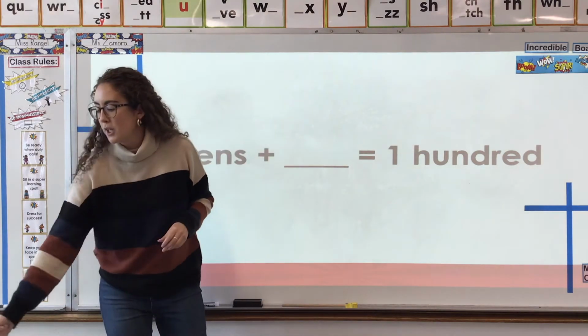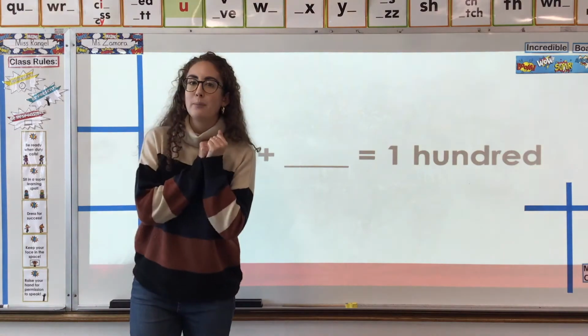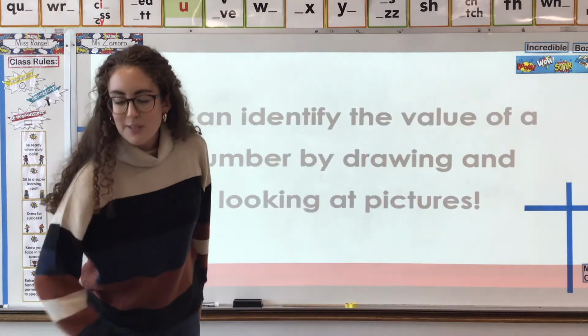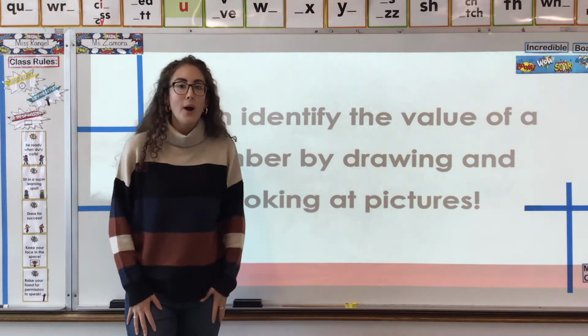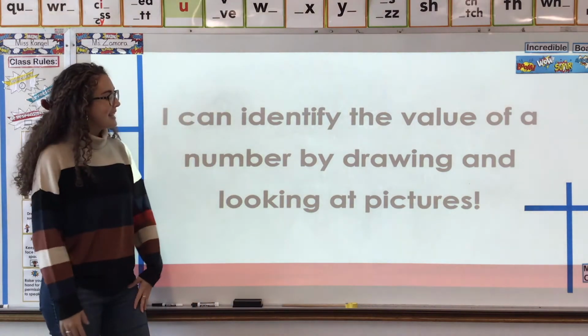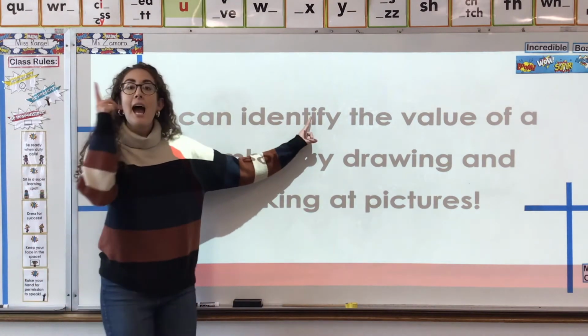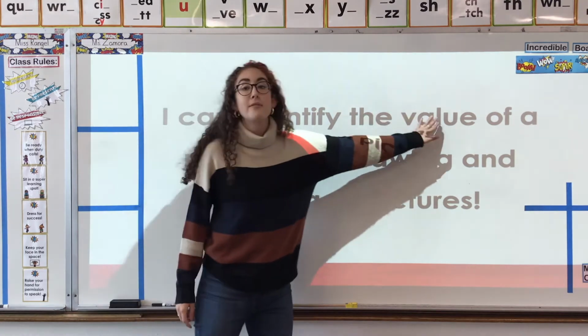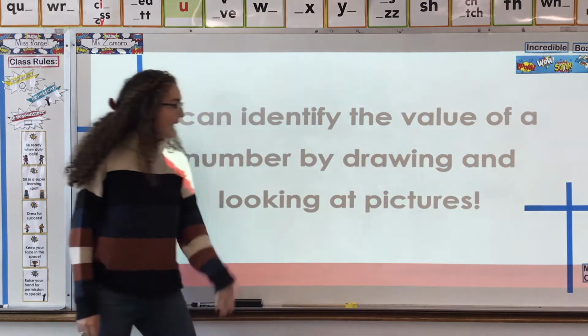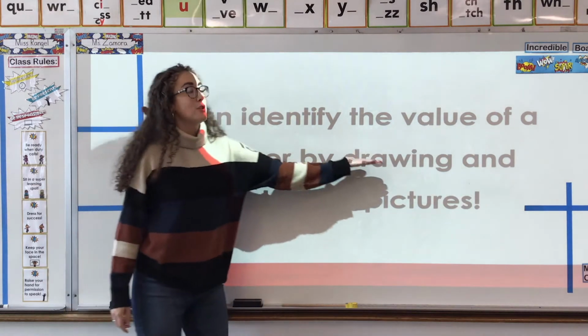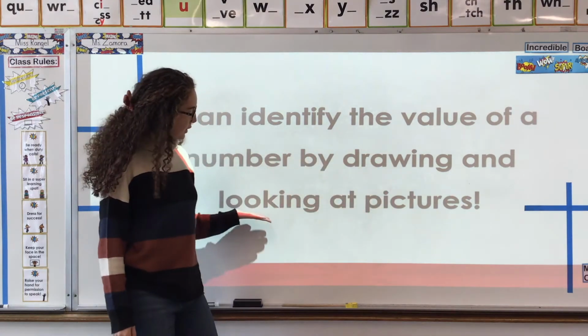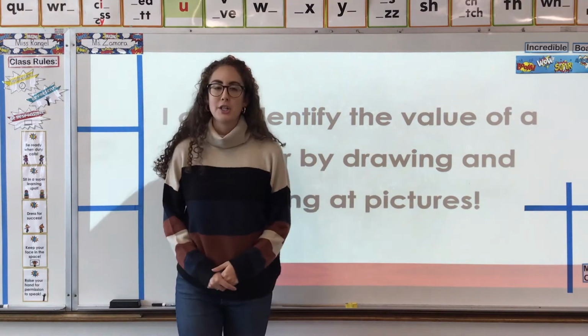Okay, awesome people, good job reminding ourselves of that important concept. And now let's look at our new learning target for Thursday. It says, I can identify the value of a number by drawing and looking at pictures.